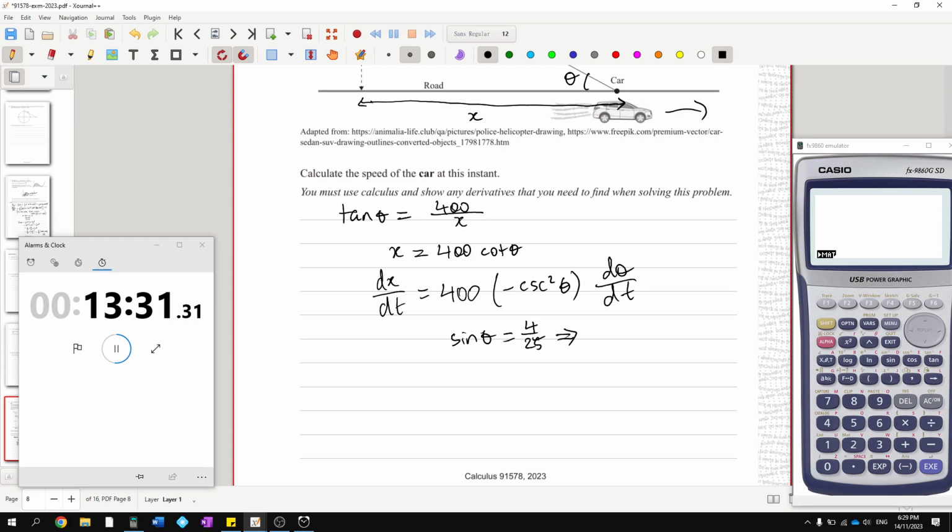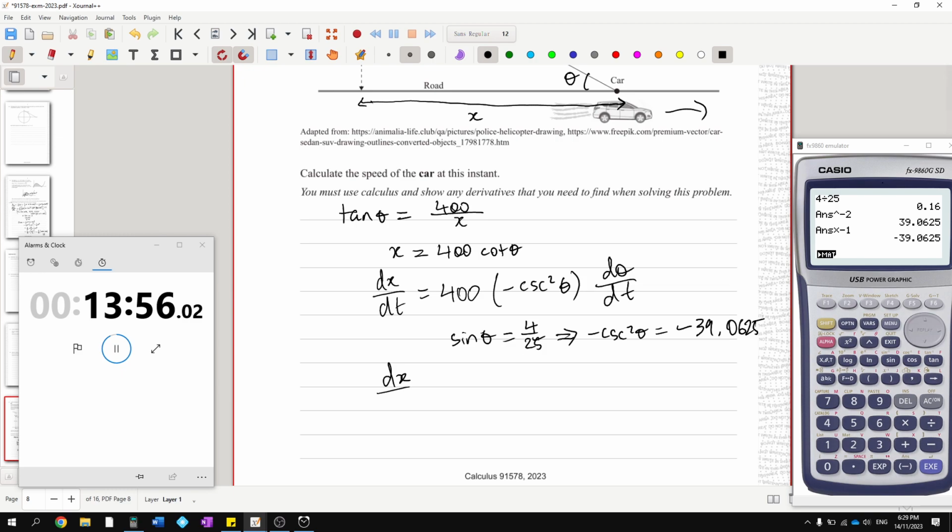which implies that minus cosec squared theta would simply be 4 over 25 to the minus 2 times minus 1, minus 39.0625.